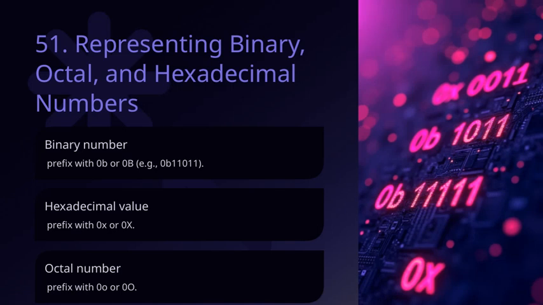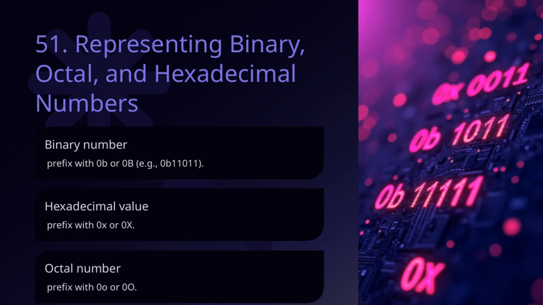Let's talk about how different number systems are represented in programming. When working with octal numbers, you'll see a prefix of 0o before the number. For example, 0o755. This helps distinguish octal from other systems. Moving on to hexadecimal values, these are prefixed with 0x, like 0xFF, which is common in color codes or memory addresses.